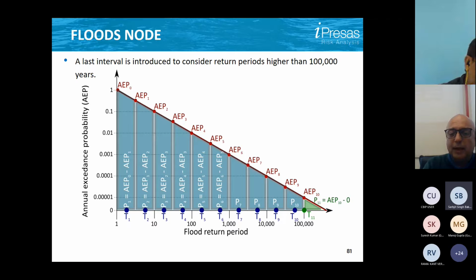I think it is very well explained in the manual, and I don't want to spend much time on this. I'm going to ask you to believe and go to the manual and check how the software splits the range of loading in a way that altogether the total annual probability of exceedance is 1. So the full range of loading is computed.